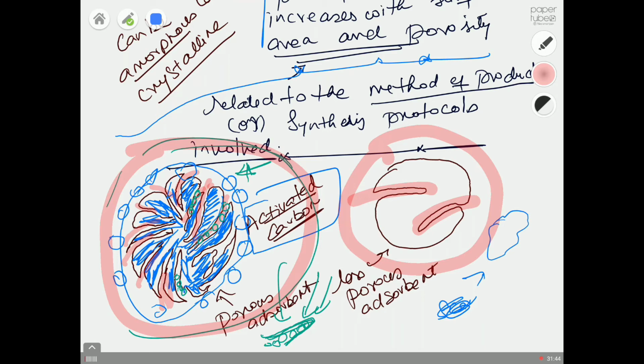So follow the highlighter. These pores will host your protein molecules or any other solute molecules. These are your pores, I'm just writing in green color. Just follow the ink. I hope you all understand up to this point.